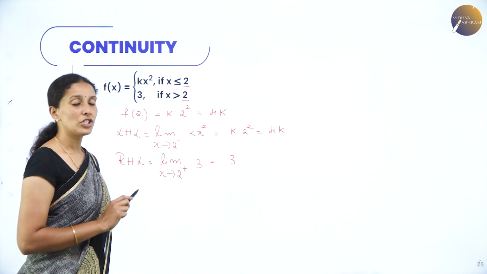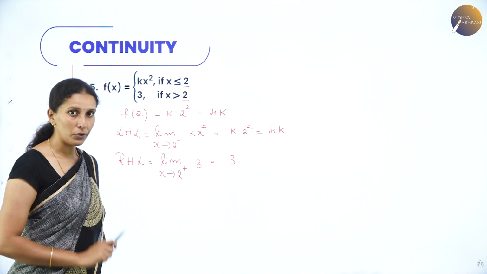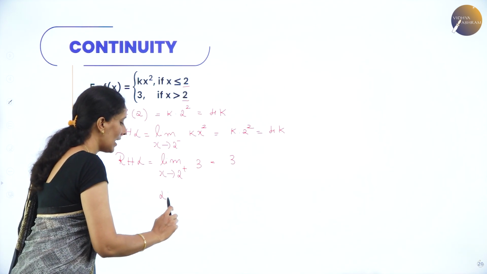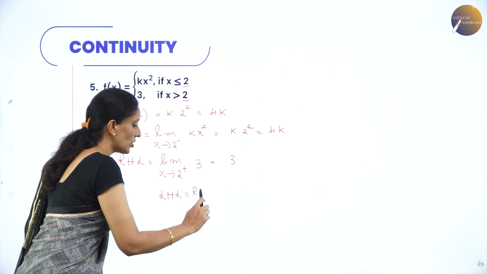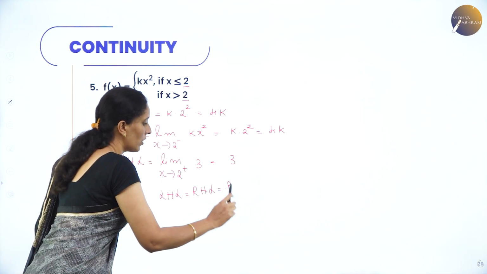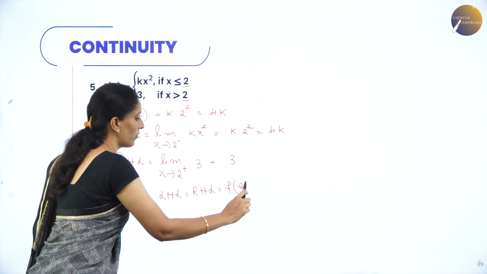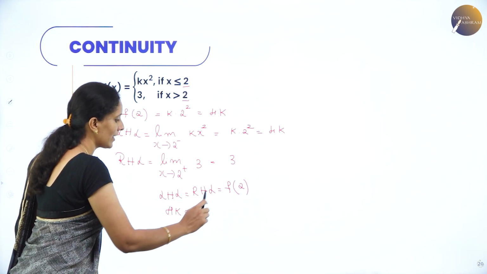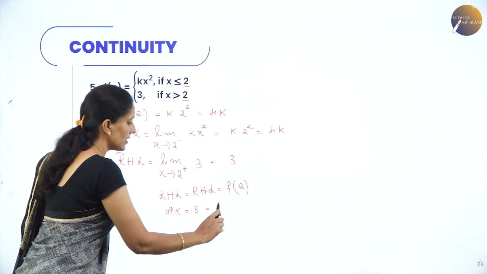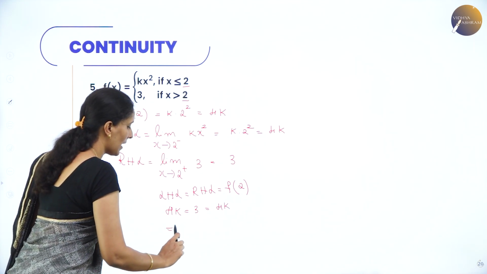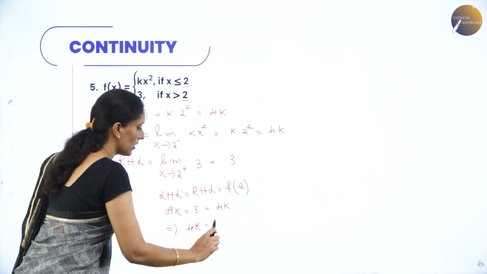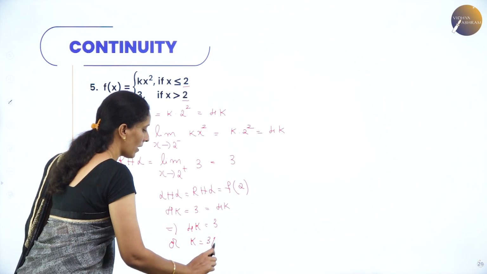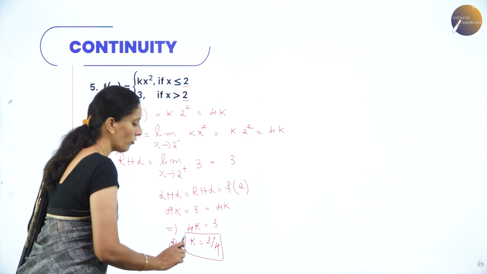Since the function is defined at the point x is equal to 2, and since it is also continuous, we can write LHL is equal to RHL, and it is equal to the value of the function f of 2. So what is LHL? It is 4k. What is RHL, that is right hand limit? This is 3. And this is the same. So this implies 4k is equal to 3, or we get k is equal to 3 by 4. So this is the value of k.